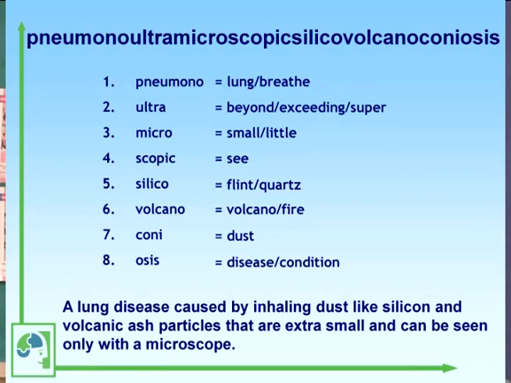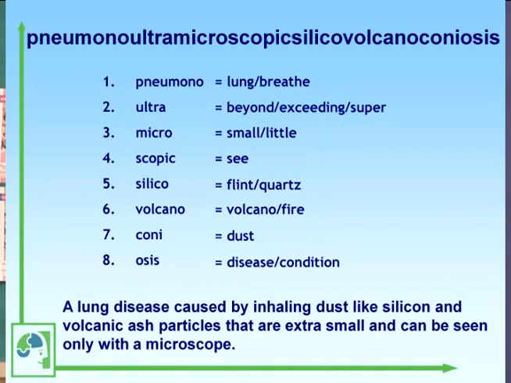If something is ultra great or ultra good, it is what? Bigger. Yeah, it's beyond or exceeding or super. How about micro? Anyone know what that is? Small, very good. Scopic, when you think of scoping something out, you think to what? To see. Silico, as she said, is flint or quartz.